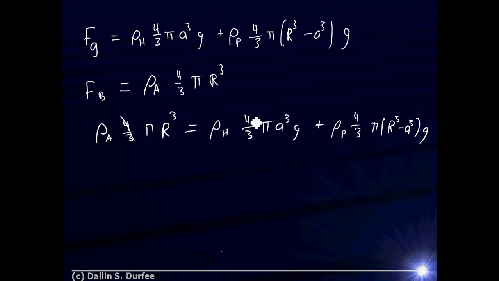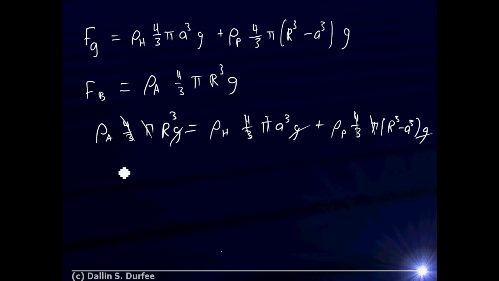Notice we can cancel out the 4/3, we can cancel out the pi's. I left off a g here, right? The weight of the displaced air, the density times the volume gives us the mass, and then we have to multiply by gravity. So I left off the gravity there, put it back in. I noticed that because I knew I should be able to cancel out gravity.